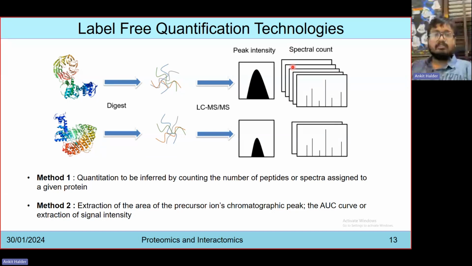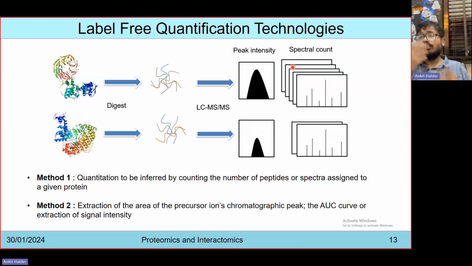Since if your sample contains that protein in a huge amount, or if it is very much upregulated in your expression level, then you will get that particular peptide with a greater intensity, and so we will have a higher number of spectral counts through which you can identify that this particular sample contains a higher amount of peptides expressed.